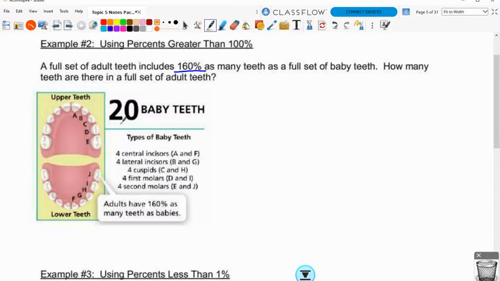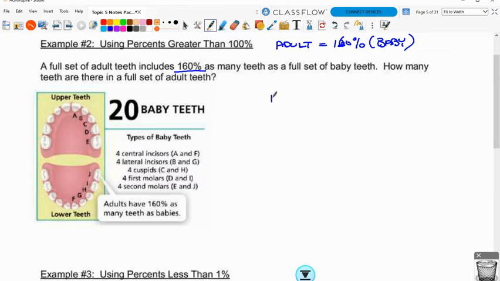Okay, so to get the adult teeth, we have to do 160% of the baby teeth. We have to take the amount of baby teeth we have and increase that by 160% in order to get the number of adult teeth.